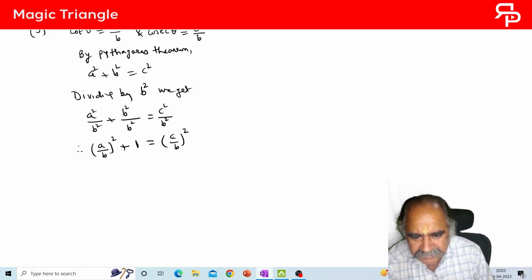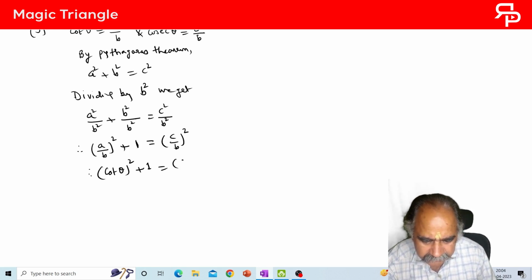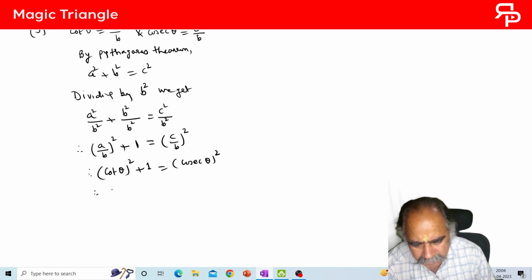And above you can see A by B is cot theta. So here I'll replace: cot square theta plus 1 is equal to, this is cosec theta square. Therefore, cot square theta plus 1, or you can write 1 plus cot square theta, is cosec square theta.